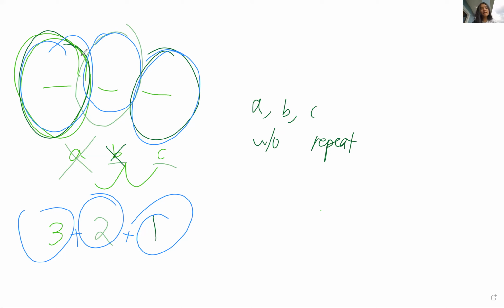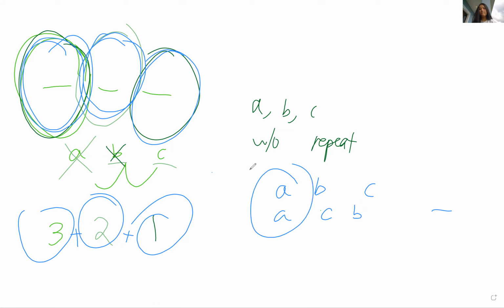For example, let's say for the first letter we choose A. For the second letter, now we have B or C. Let's say we choose B. Then the third letter must be C, giving ABC, or ACB. That's all we get if we use A as the first letter.